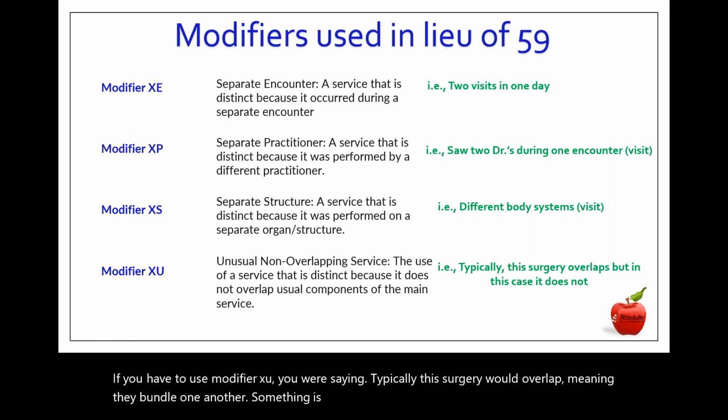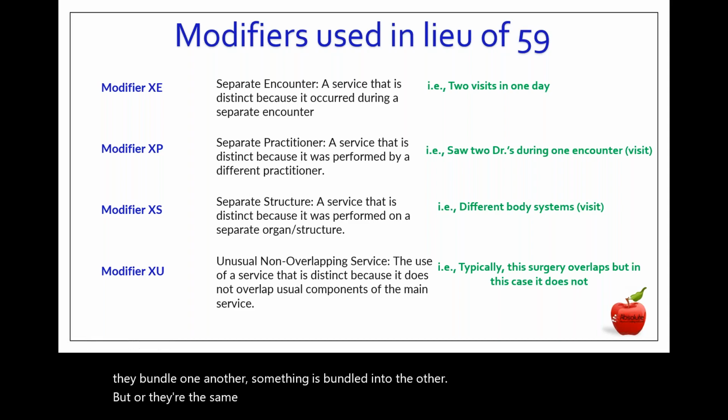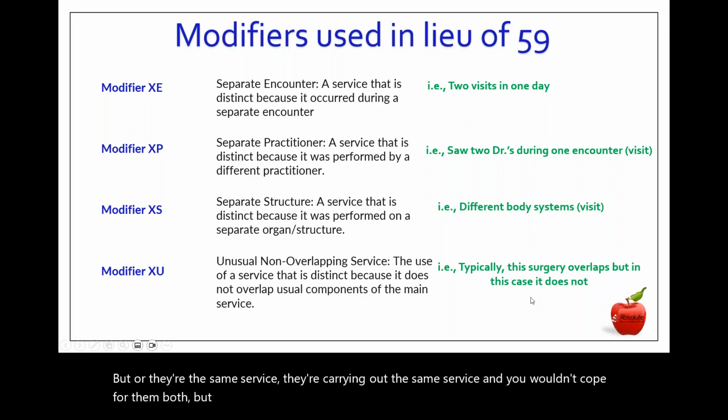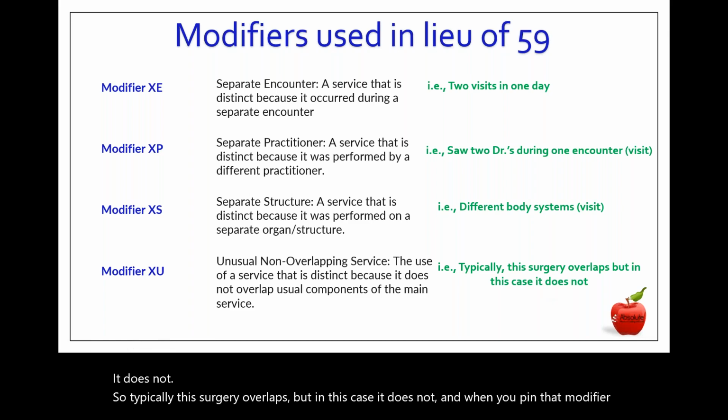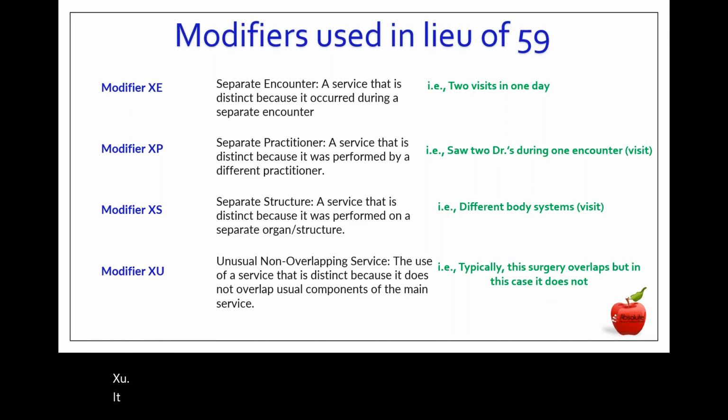Something is bundled into the other, or they're the same service, and you wouldn't code for them both. But in this case, it does not. Typically this surgery overlaps, but in this case it does not. And when you append that modifier XU, it tells that story.